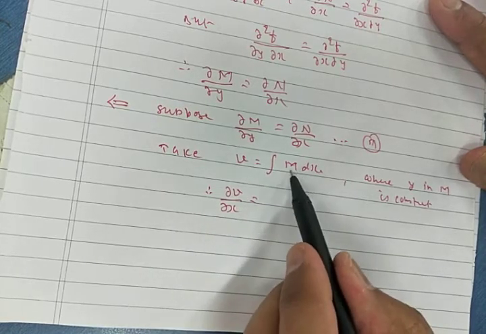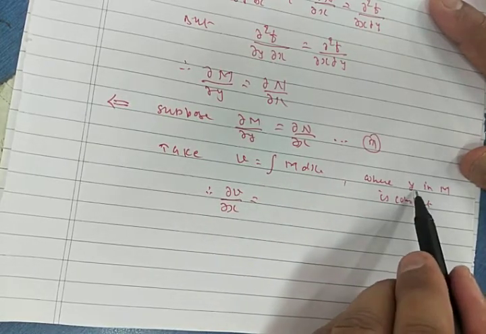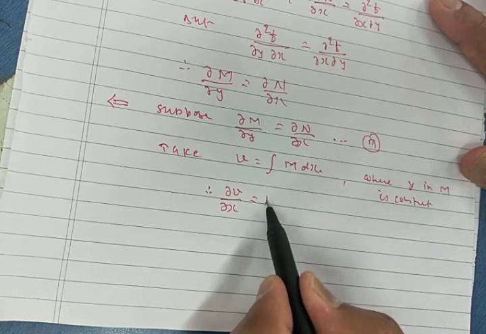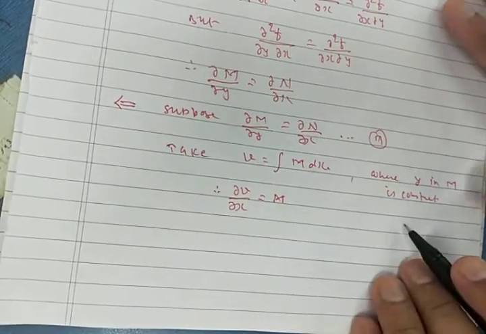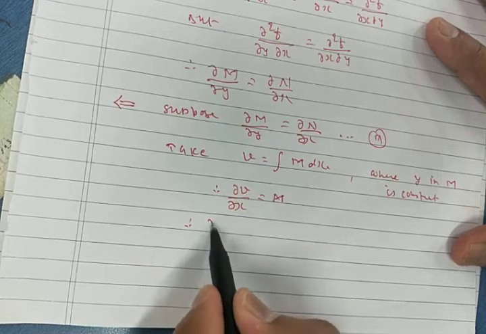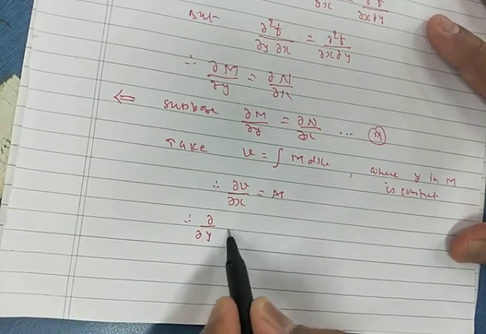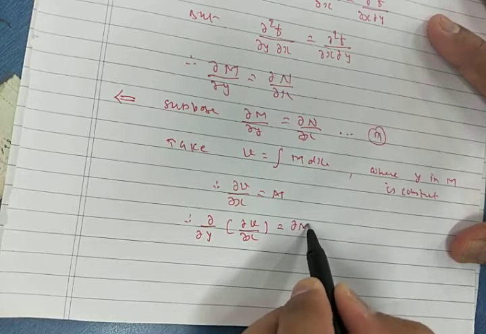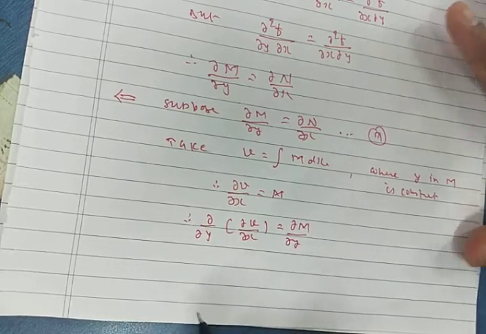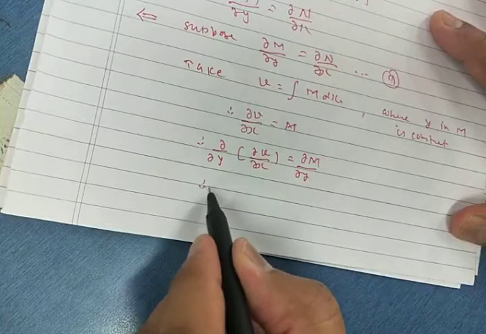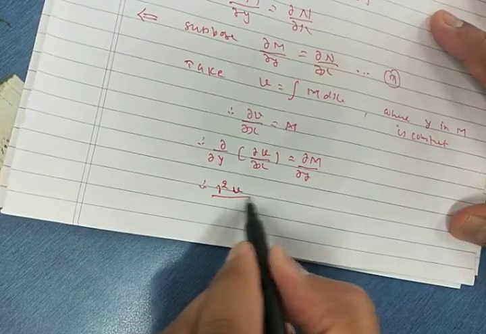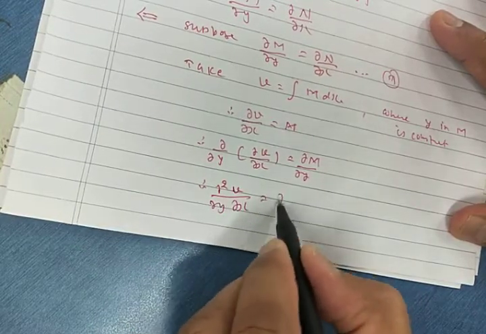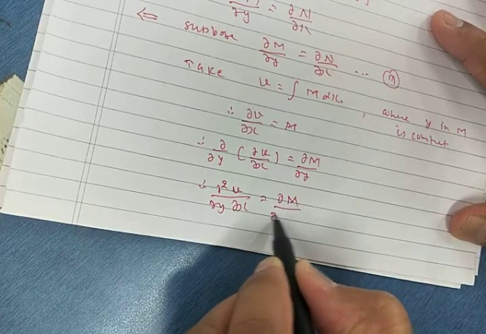Now m is a function of x only because we are keeping y as a constant, so we can integrate it, so we get m. Now differentiate with respect to y, del by del y of del v by del x is equal to del m by del y. So what do we get? Del square v del y del x is equal to del m by del y.